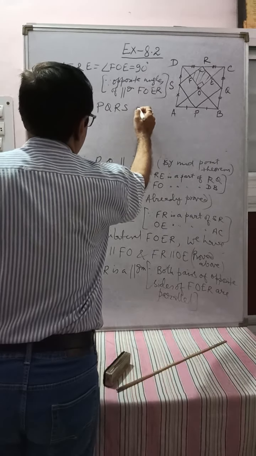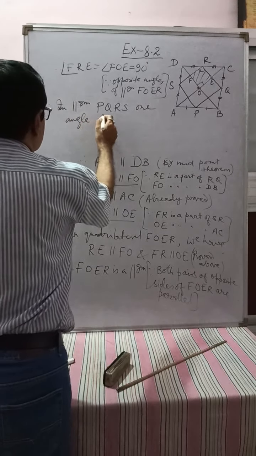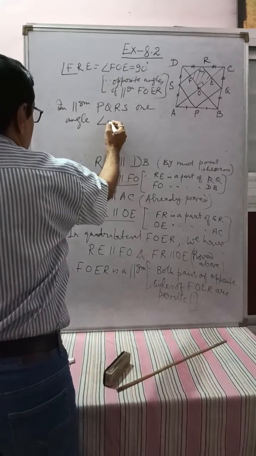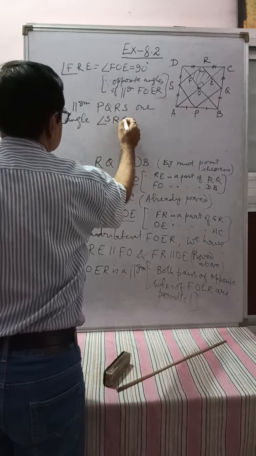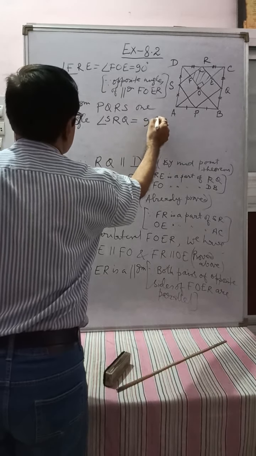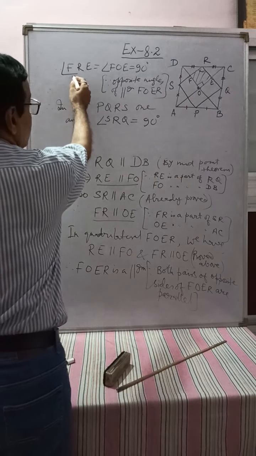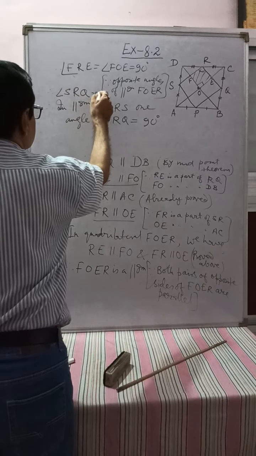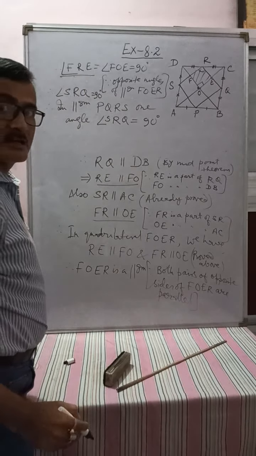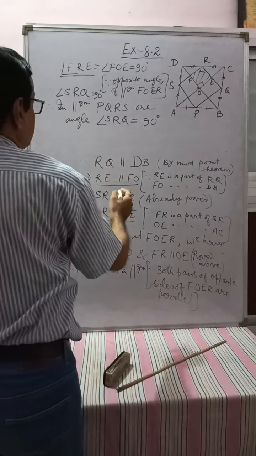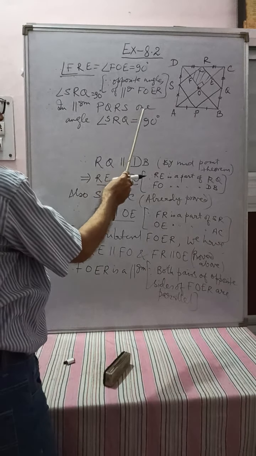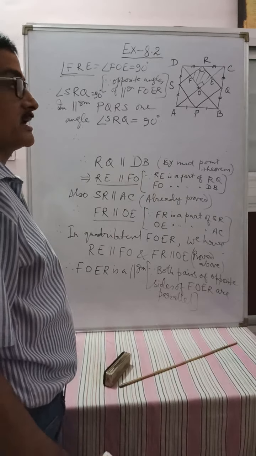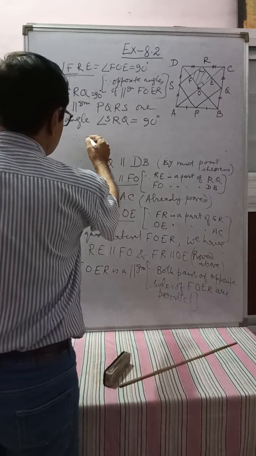In this parallelogram, one angle FRE, that means angle SRQ, is 90 degrees. So in parallelogram PQRS, one angle is 90 degrees, and if in a parallelogram one angle is 90 degrees, then that parallelogram becomes a rectangle.